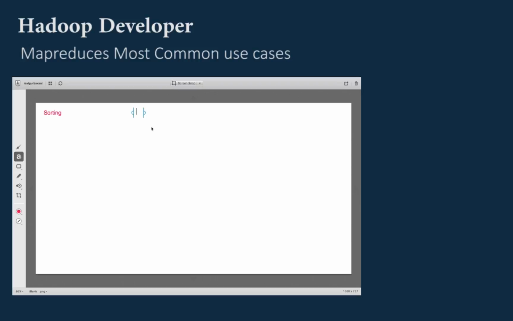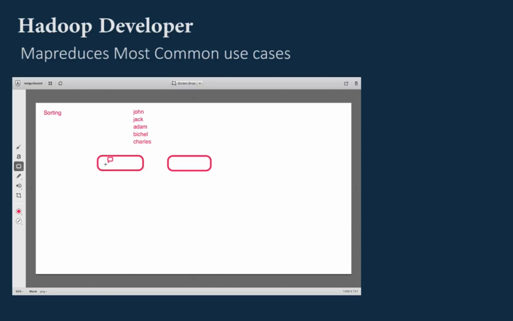So let's say we have 5 strings, and we want to sort that. In Mapreduce, let's say this was a big file and there were two mappers.